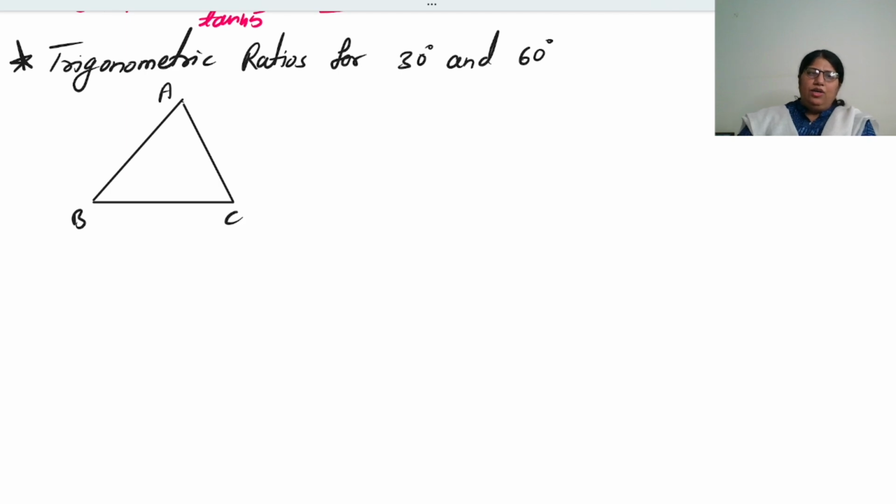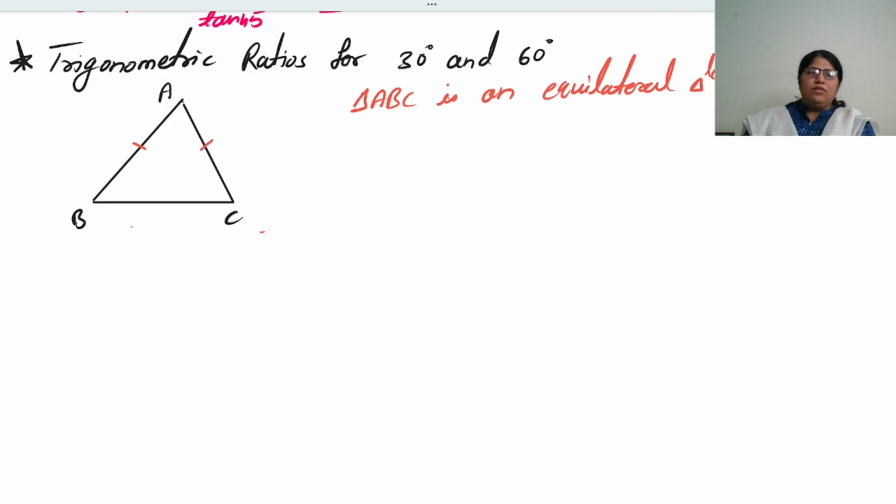So here you will start with triangle ABC, which is an equilateral triangle. Right? Equilateral, how can I mark it?